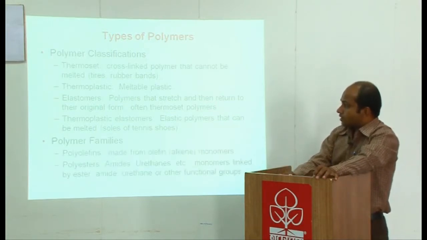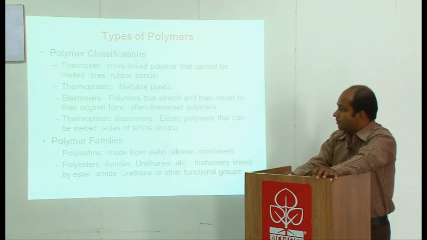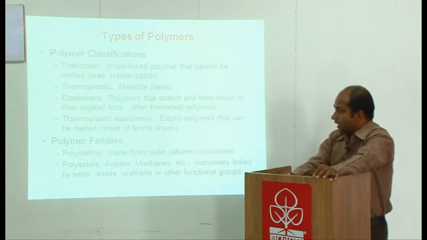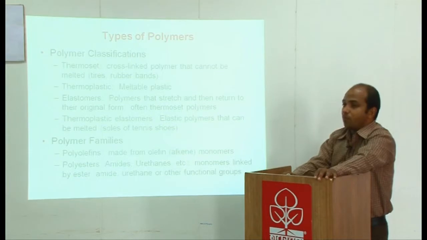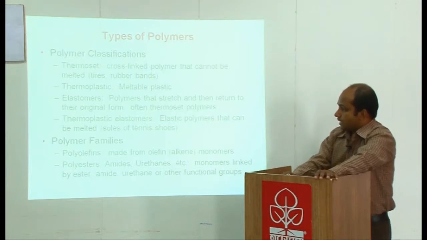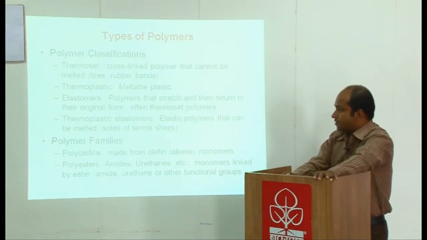Now, what is the other way of classifying a polymer? Polymers are also classified on the basis of the monomer or the repeating unit from which they are made. Say for example, if you have an alkene or an olefin, if you connect these olefin monomers by covalent bonding, you have polyolefins, you have polyesters. So you have an alcohol and an acid reacting to form an ester. You can have amides, so you can have polyamides, you can have a polyurethane.